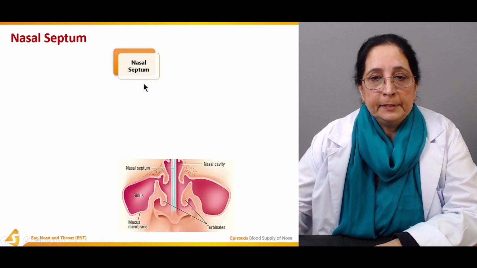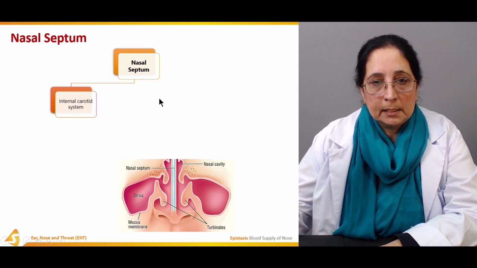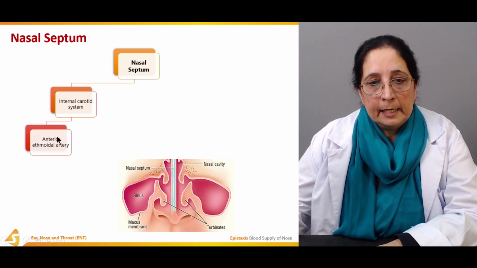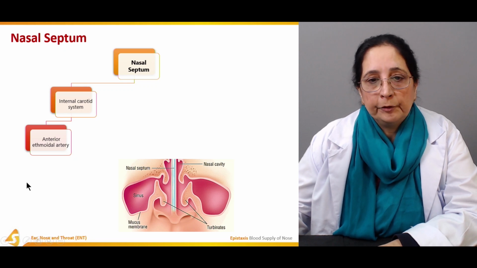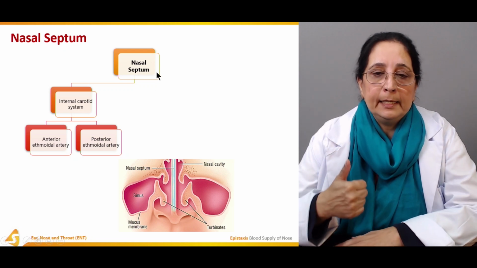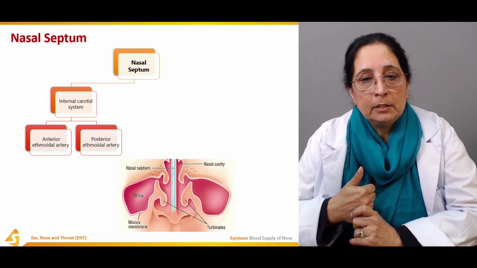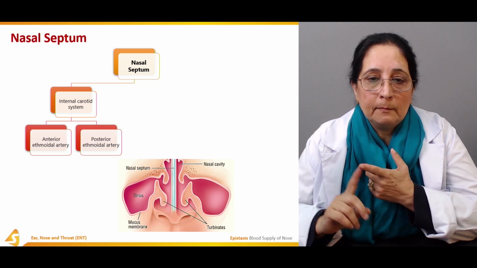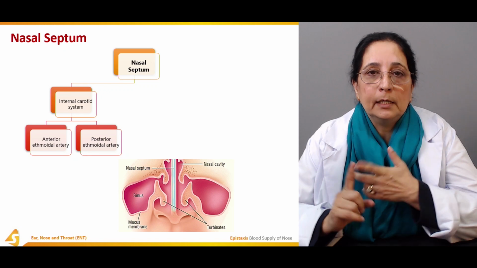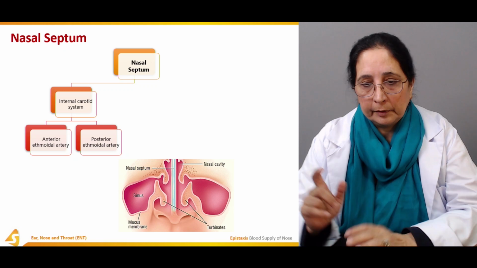The nasal septum is supplied by, again, the internal carotid system, which is the anterior ethmoidal artery and the posterior ethmoidal artery. Nasal septum is supplied by these two arteries of the internal carotid system.